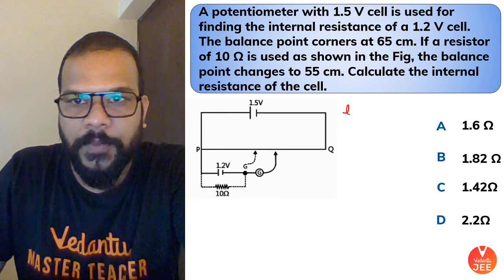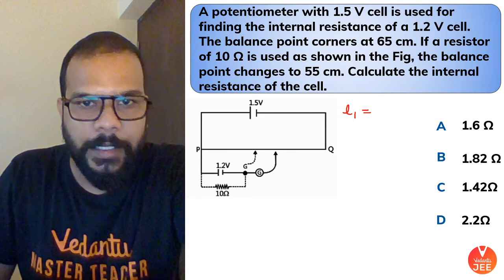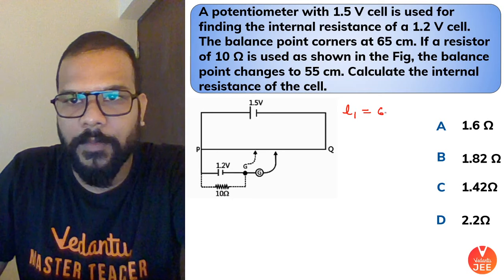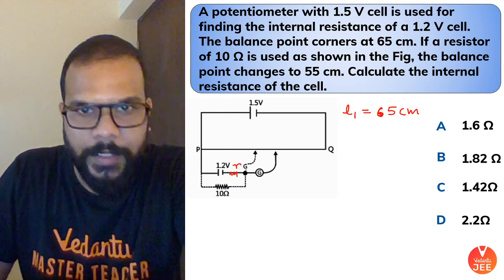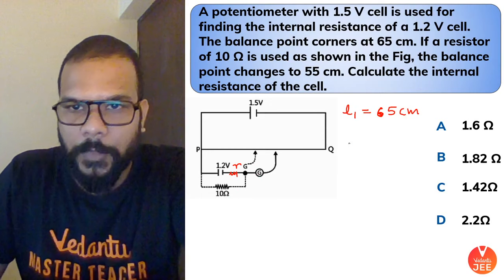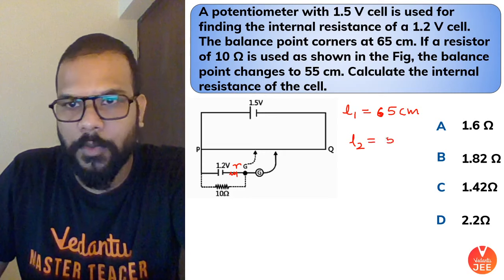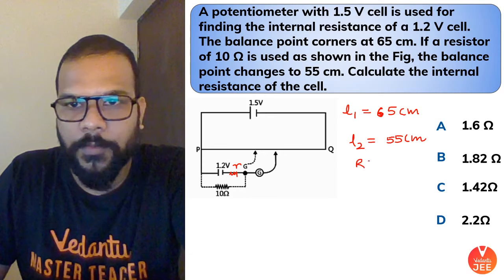So with the key initially open, or this 10 ohm not connected, the balancing length was coming out to be 65 centimeter. We are interested in finding the internal resistance here. Now with this 10 ohm connected, the new balancing length comes out to be 55 centimeter, and the value of R that you are connecting is 10 ohms.